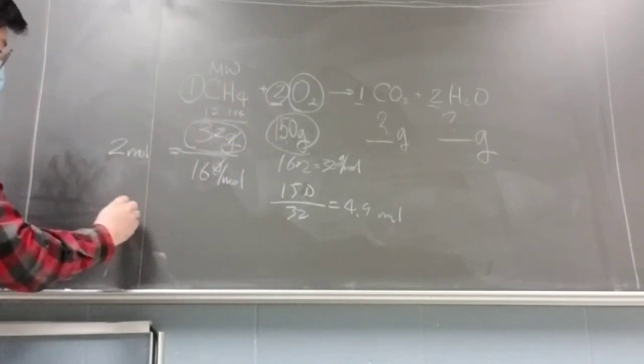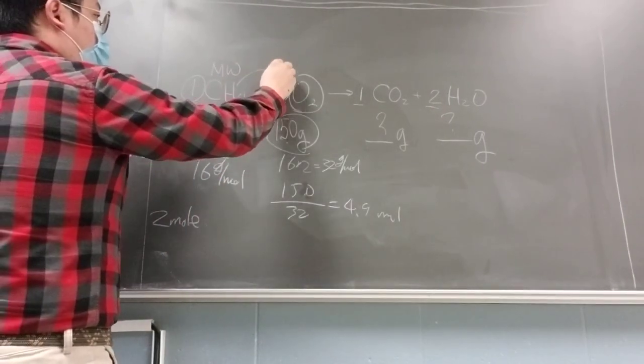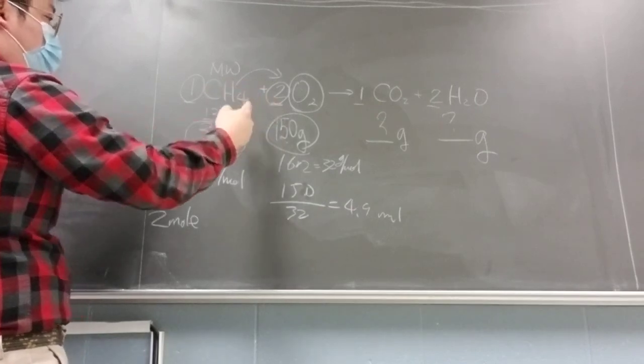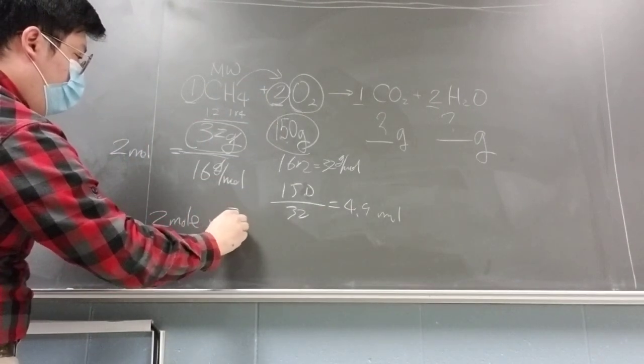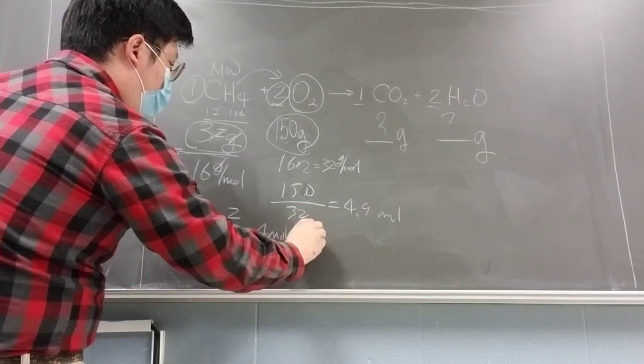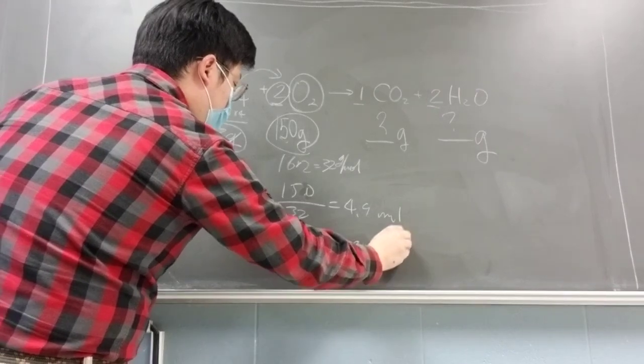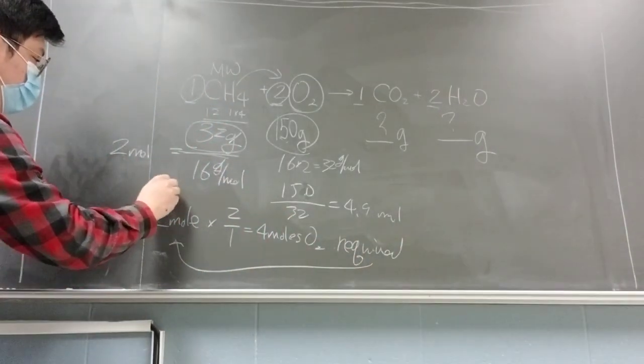Because you're comparing this one to here, that means a 1 to 2 ratio. So it's actually 2 over 1, that gives 4 moles of oxygen required for 2 moles of methane.